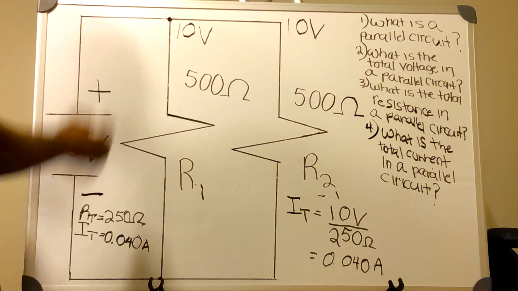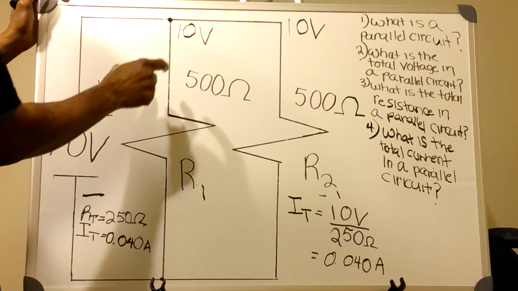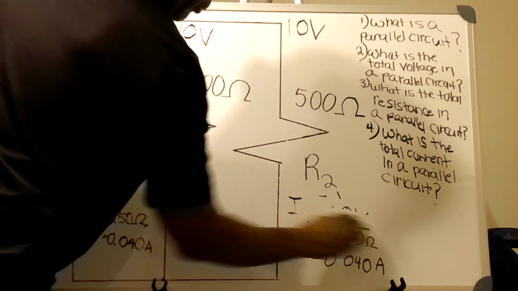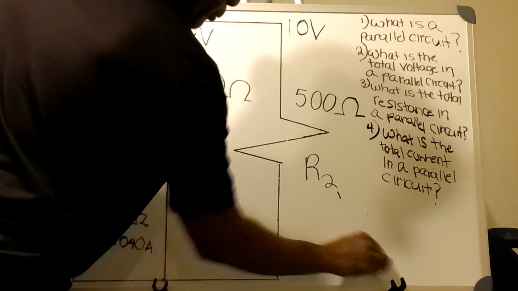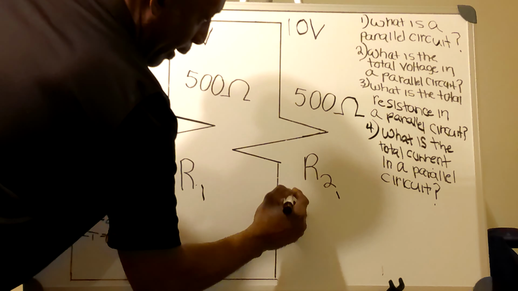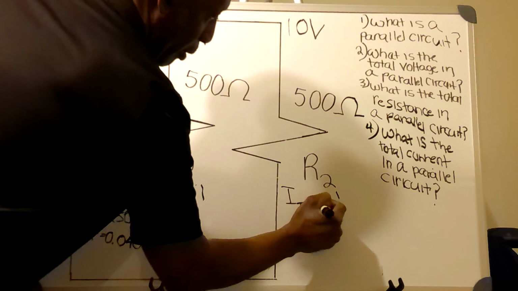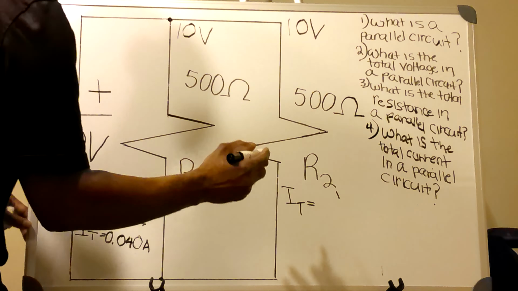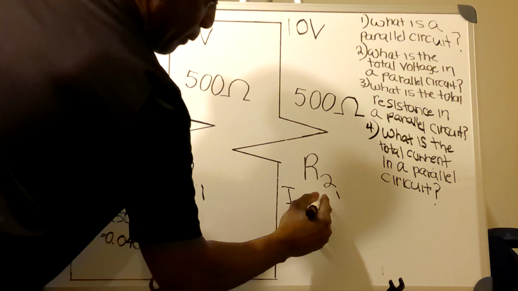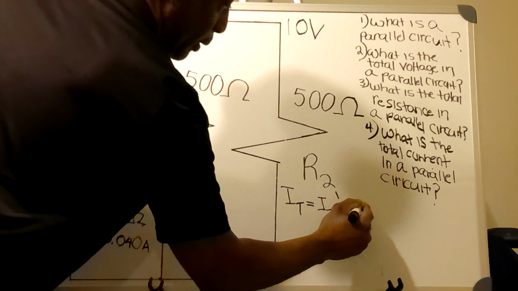Now, another question which I didn't include over here is, what is the total current going through each resistor? IT, total current, also equals I1 plus I2.